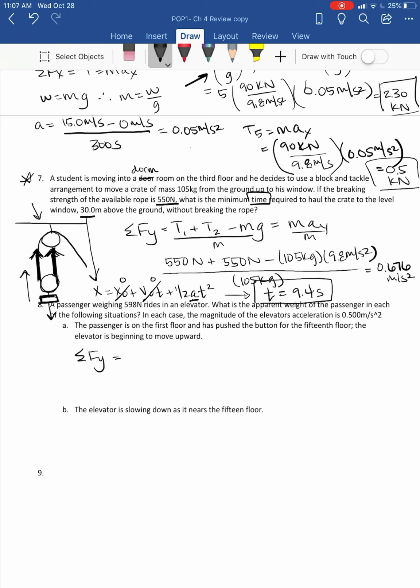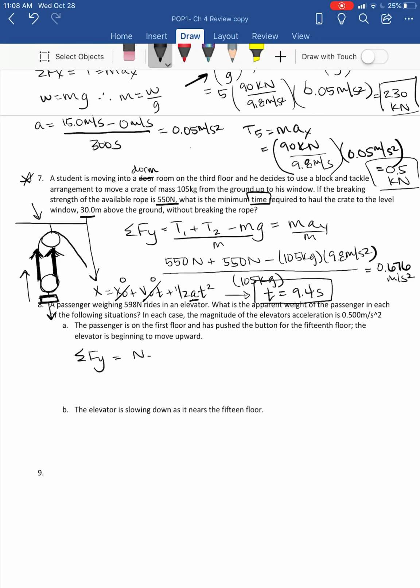So if you think about it, as the elevator is going upwards, what does your body tend to do? It kind of pushes downwards, right? So if you had a bathroom scale that you were standing on in an elevator, going upwards and accelerating, it would appear that you were weighing more on the scale. So let's see how this works out.